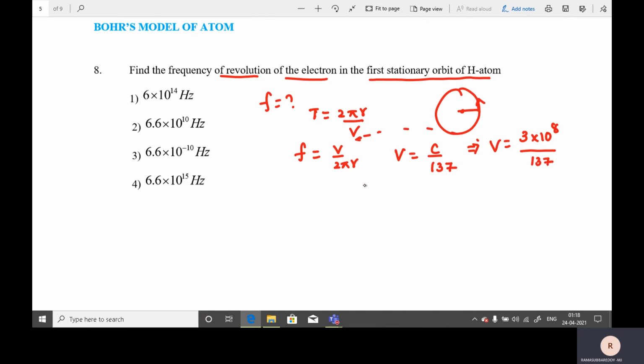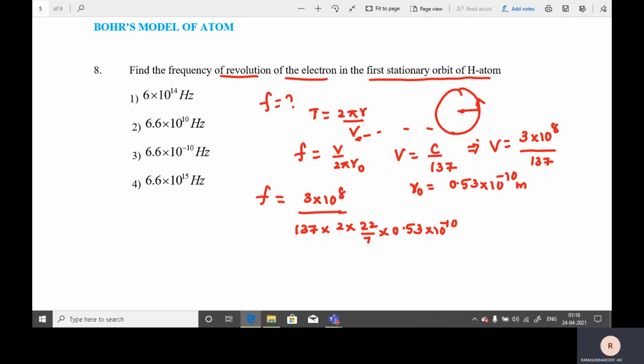That is our velocity, we'll substitute here. And the radius for the first stationary orbit is 0.53 angstroms, that is 0.53 into 10 to the power of minus 10 meter. This is r naught. Then our frequency f is equal to v, that is 3 into 10 to the power of 8 by 137, into 2 into pi, which is 22 by 7, and 0.53 into 10 to the power of minus 10.